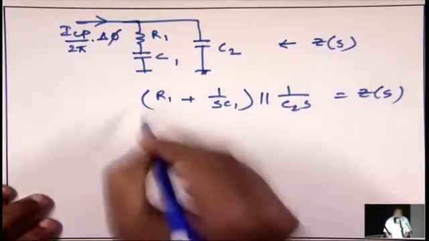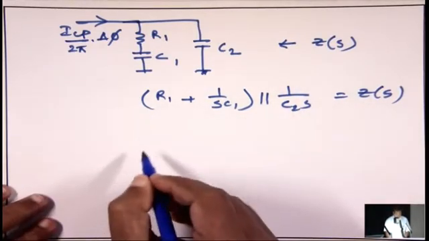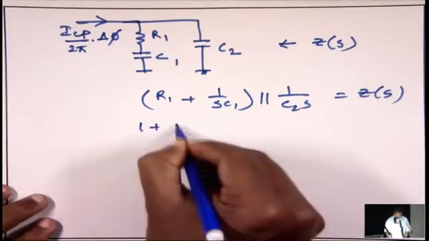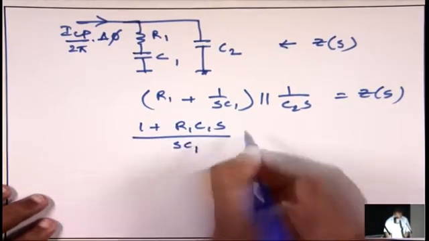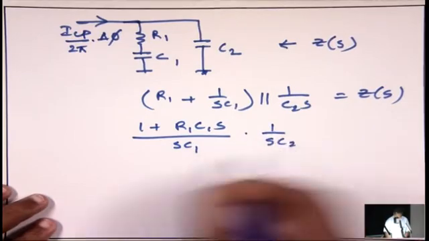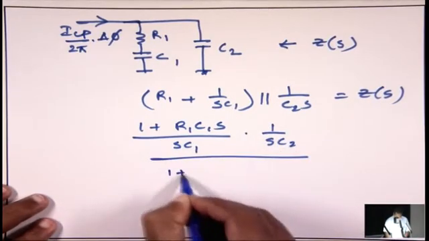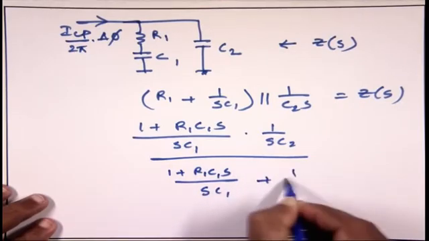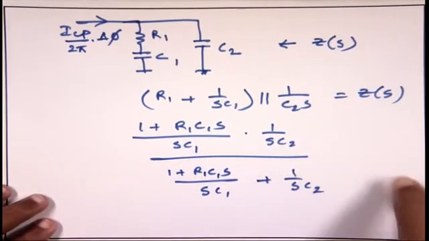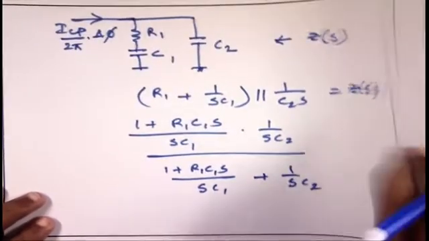If you simplify, let us say (1 plus R1 C1 S by SC1) into (1 by SC2) by (1 plus R1 C1 S by SC1) plus (1 by SC2). If you go this way, finally you will come down to a factor that looks like this.